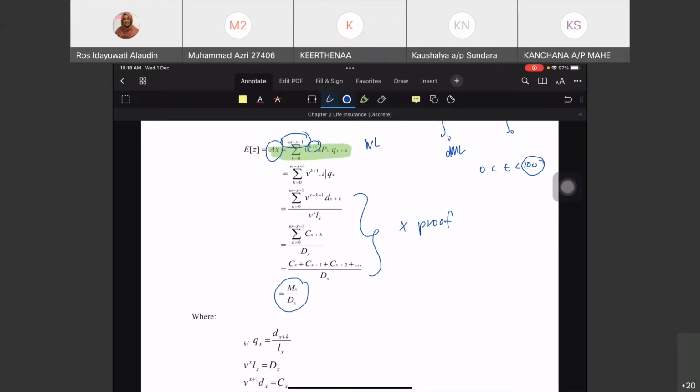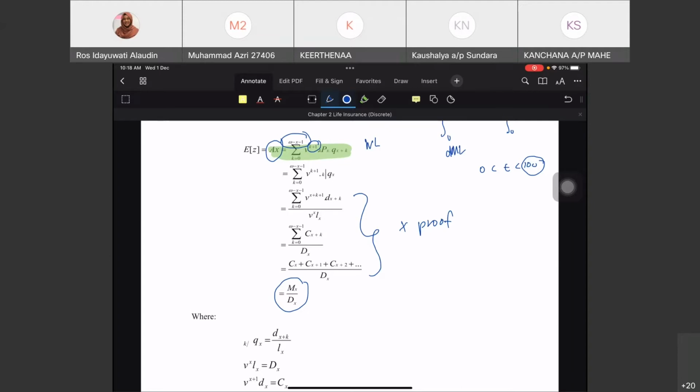For the continuous case, we can calculate using integration. However, for the discrete case, if the period is up to 100 years, you need a summation from 0 to 100, or from 0 to 99 because of the minus 1. It's tedious, right?